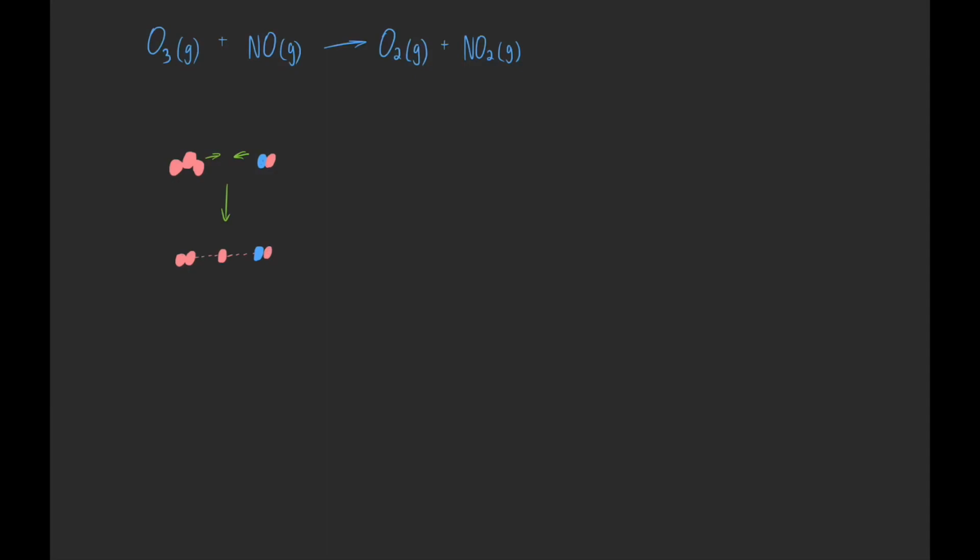So we have this configuration now where an OO bond is breaking, and an ON bond is forming. And this intermediate that we have here is our activated complex.